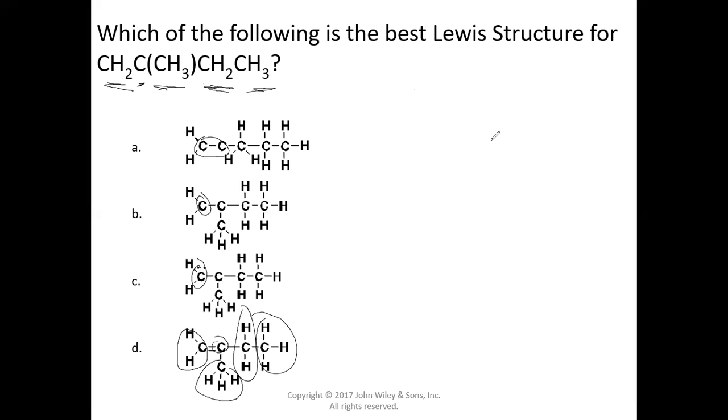So if you're given a condensed Lewis structure that has a carbon without the correct number of bonds, then that carbon will have a charge on it, like a plus or a minus. So this is why you guys learned about how to calculate formal charge, because it becomes very important for that. All right.